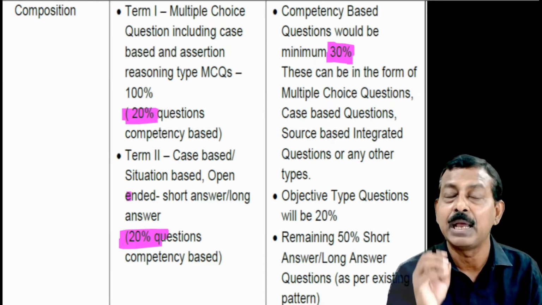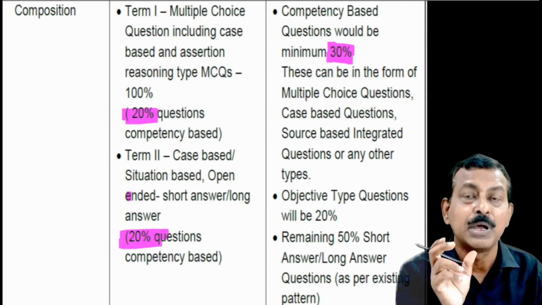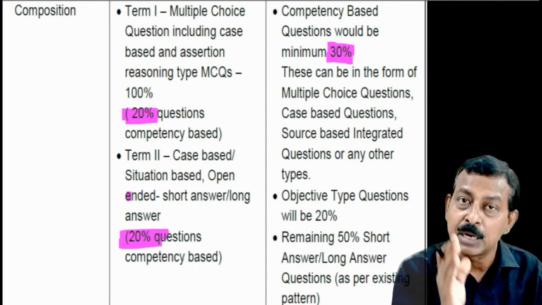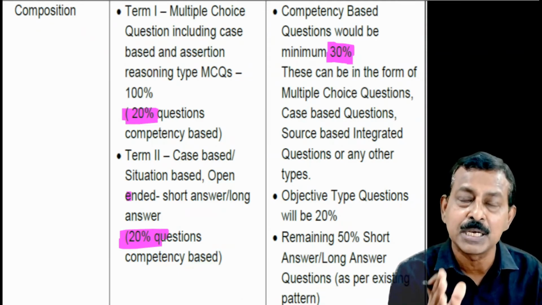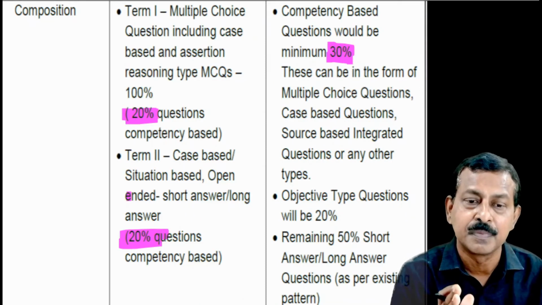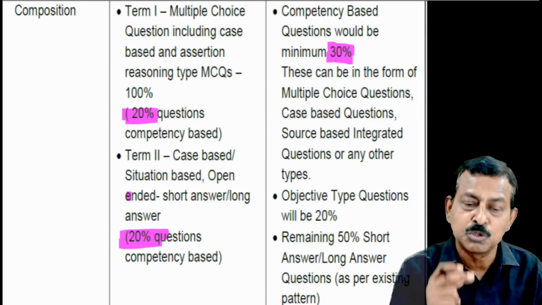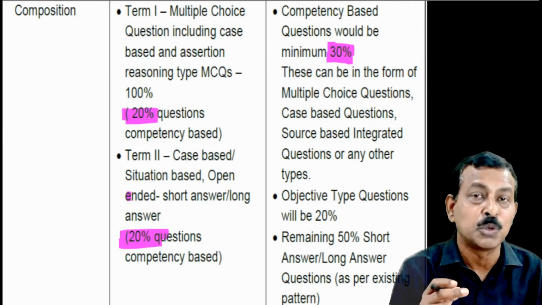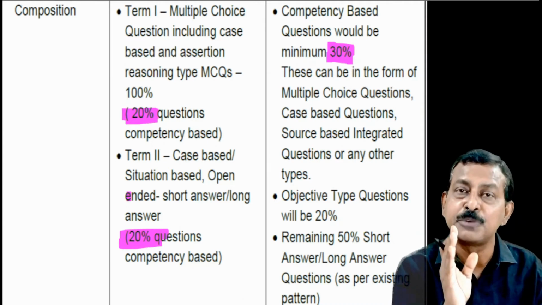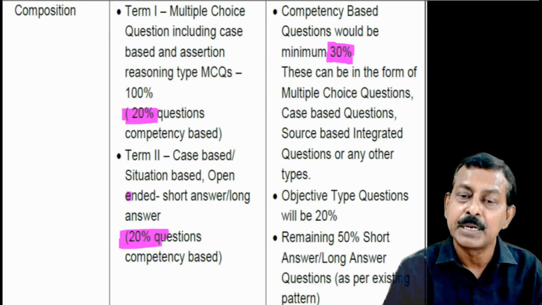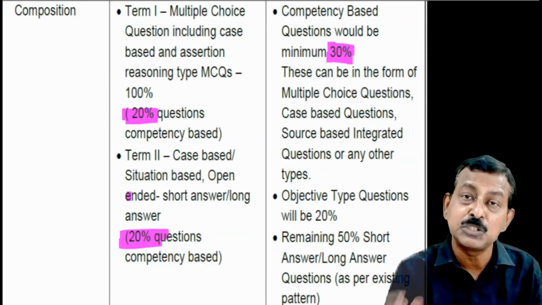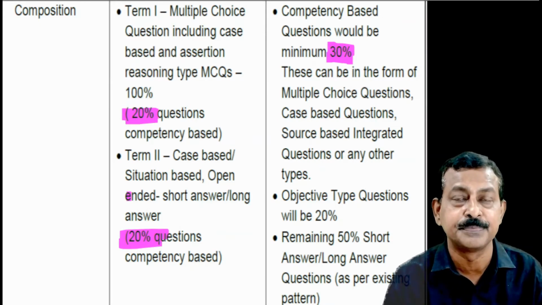Remember, term 1 and term 2 examinations were each half of the full marks. Like for physics, the term 1 examination was of 35 marks and term 2 was also 35. That is the theory paper. In that, it was 20% weightage. So basically, for a 70 marks paper, the weightage was 20%. But now it will be 30%. So the weightage has increased for competency-based questions.